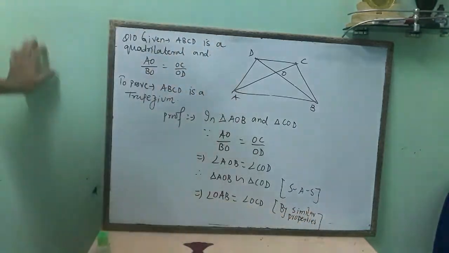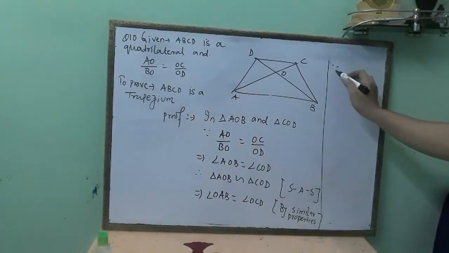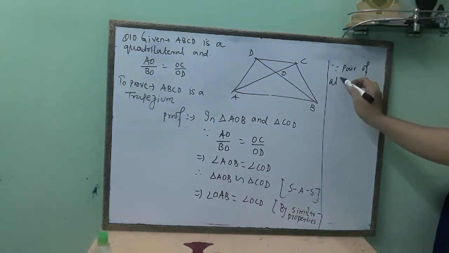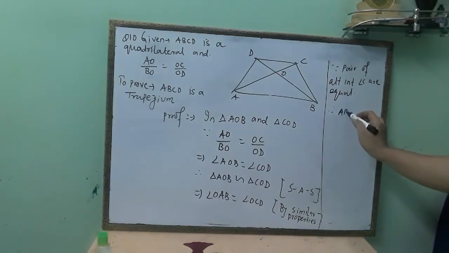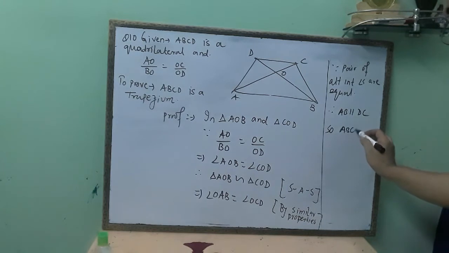This is a pair of alternate angles. Since the pair of alternate interior angles are equal, AB is parallel to DC, so ABCD is a trapezium.